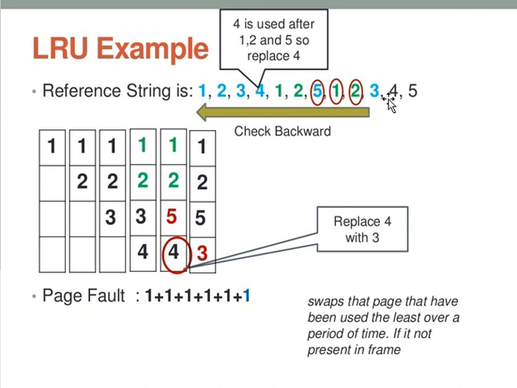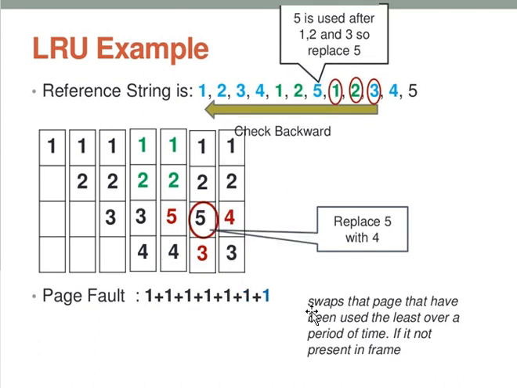Now we check for the page number 4. So first we check in the memory, so in the buffer, if page number 4 is available or not. So here page number 4 is not available. So we have to replace one of the page from that and increase the page fault count by plus 1.